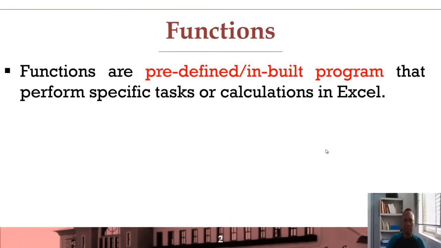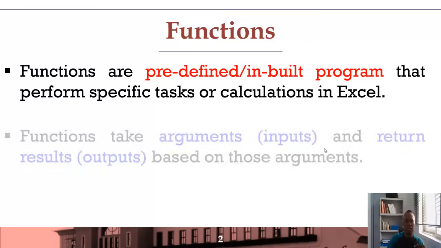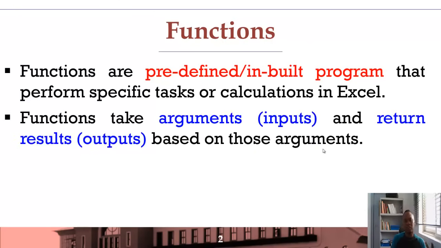Now, what are functions? Predefined or inbuilt programs. They are programs because every function is made up of several lines of code that have been written so that we can achieve a particular task or calculation in Excel. Every function will always take in inputs.